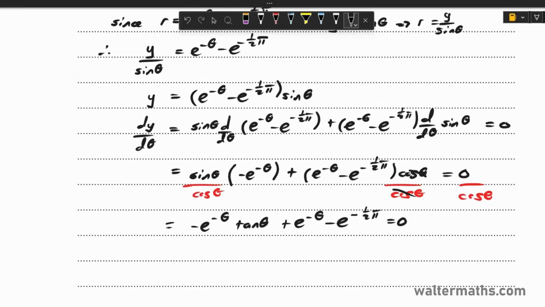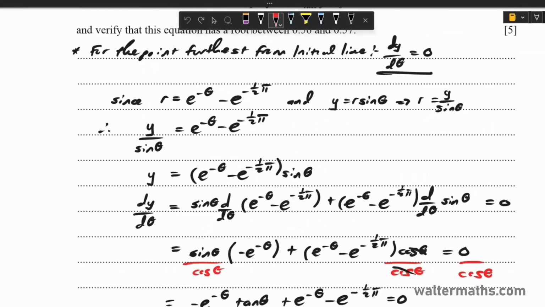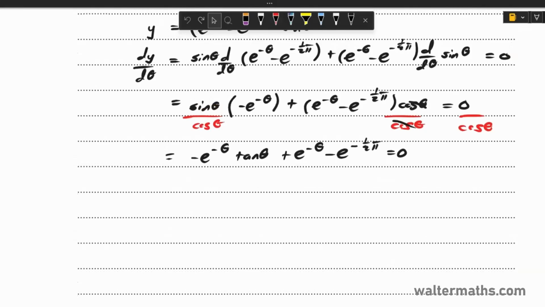All right, now they are saying that they want us to prove that we get this thing here. So let's see if we can get that. So we are going to divide all the terms by e to the minus theta. So let's do that.